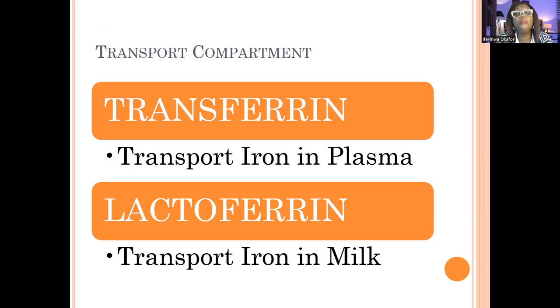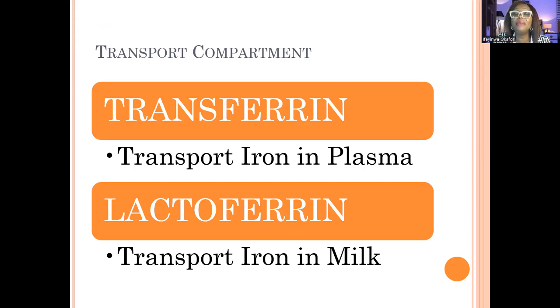Transport compartment. Iron is transported in the form of transferrin. A protein called transferrin transports iron in plasma, while a protein called lactoferrin transports iron in milk. Like I said earlier, you hardly find free iron in the system.